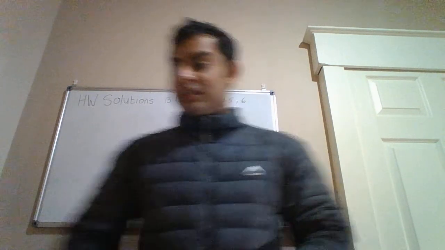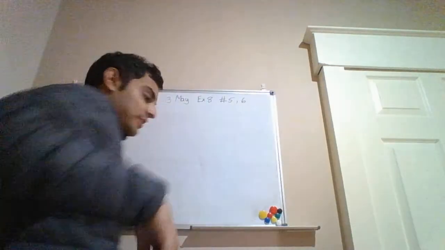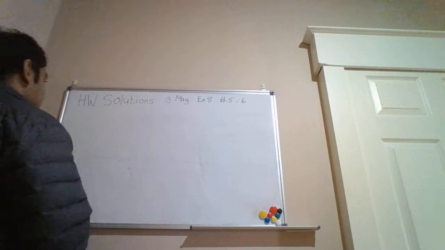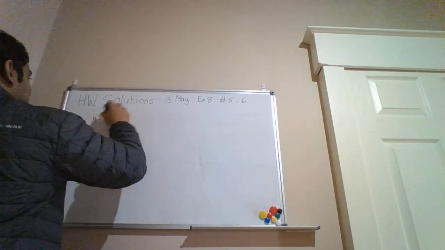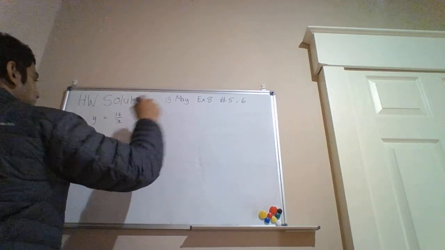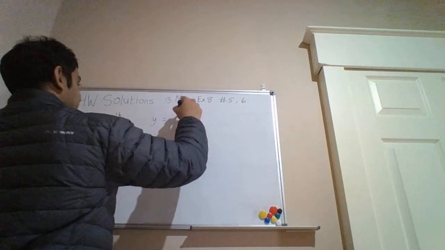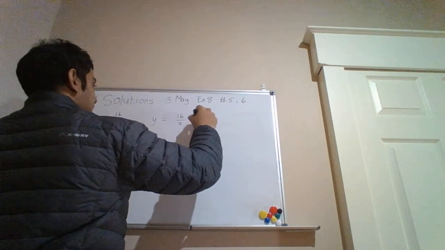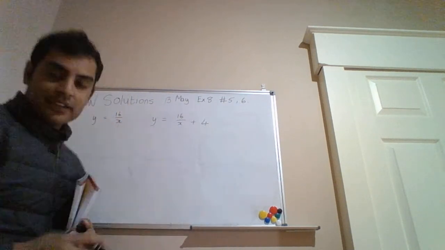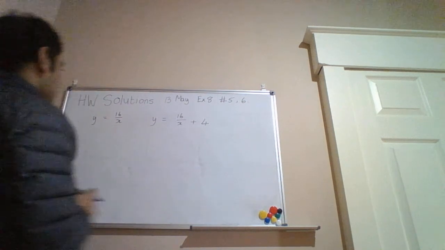Okay, so let's do question 5. We have to plot the graphs y equals 16 over x and y equals 16 over x plus 4 on the same set of axes.